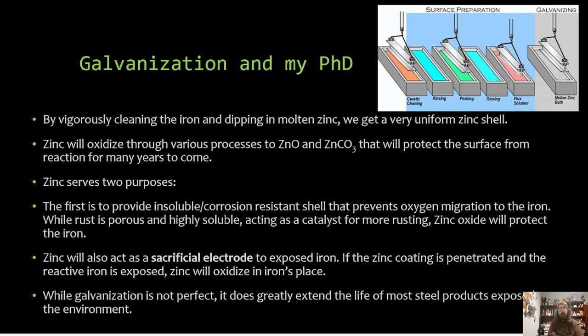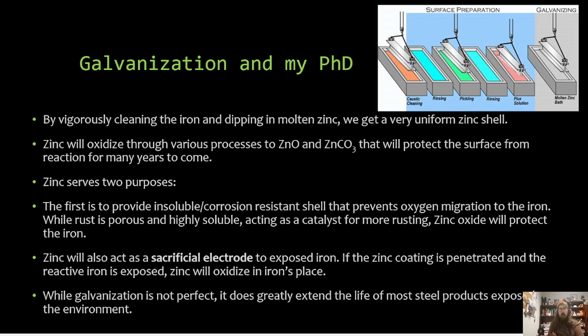Now, if for whatever reason the iron does get oxidized, zinc acts as a sacrificial electrode. If there is any unoxidized zinc, that zinc, being higher up on the redox potential table, will reduce the iron back to its native iron solid state and get oxidized in its place.